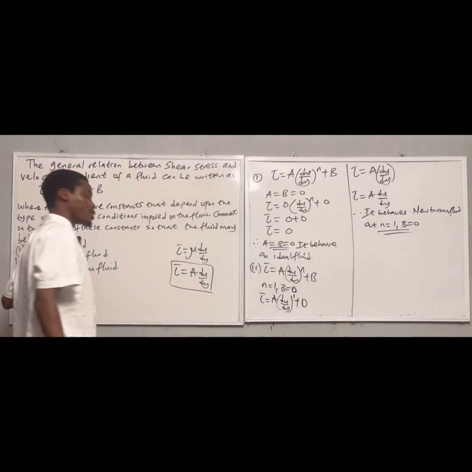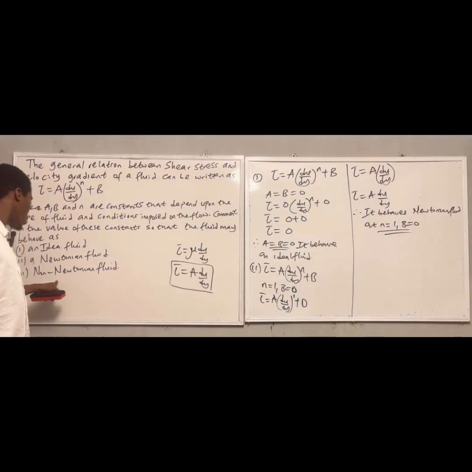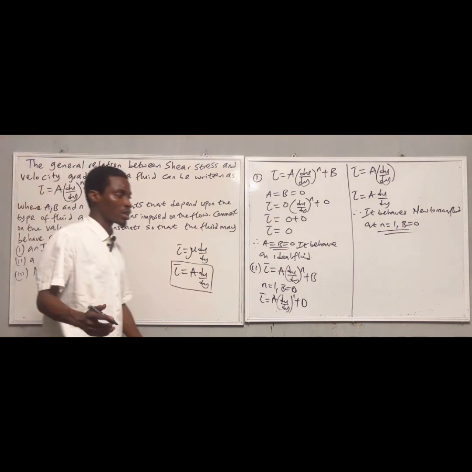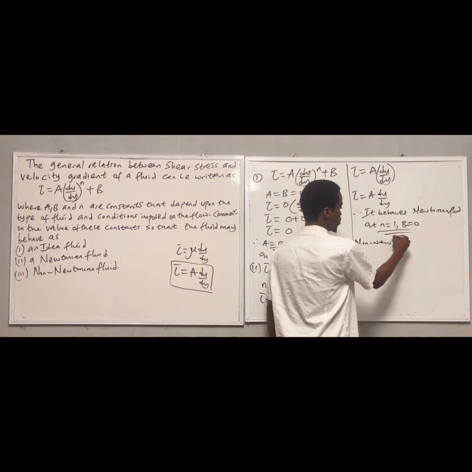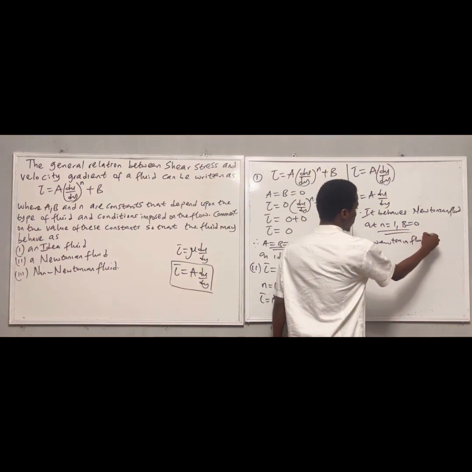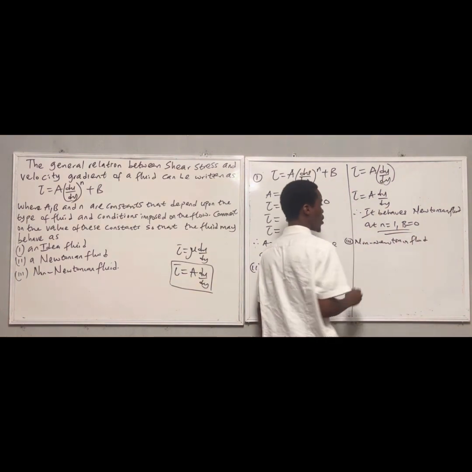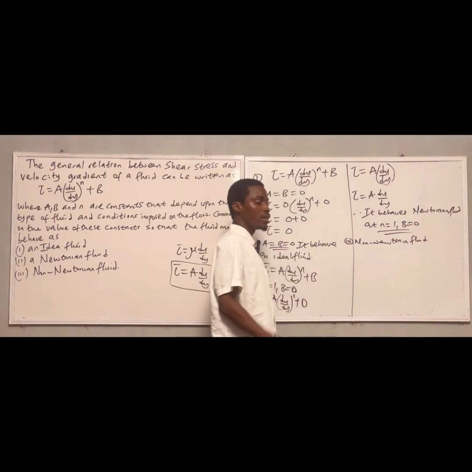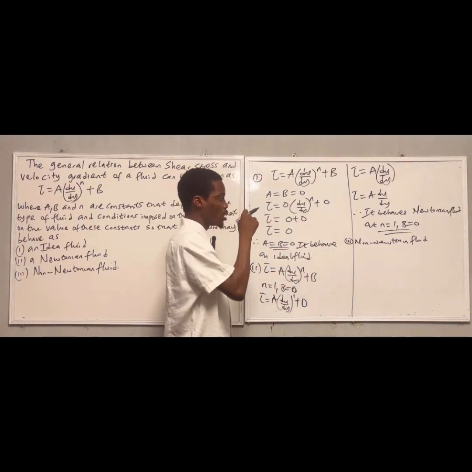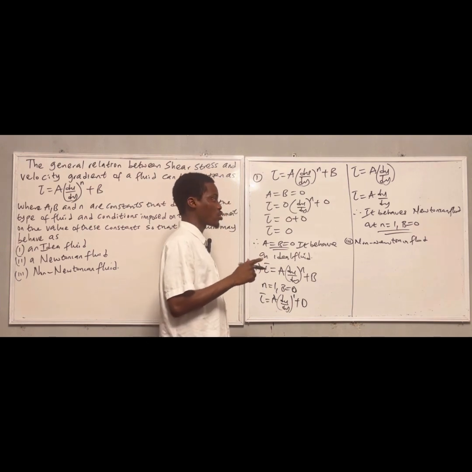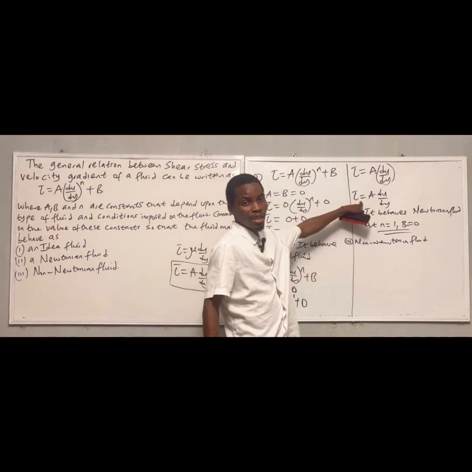So let us consider the last question, the non-Newtonian fluid. According to the definition, a non-Newtonian fluid does not obey Newton's law of viscosity. That is, it does not satisfy this equation.